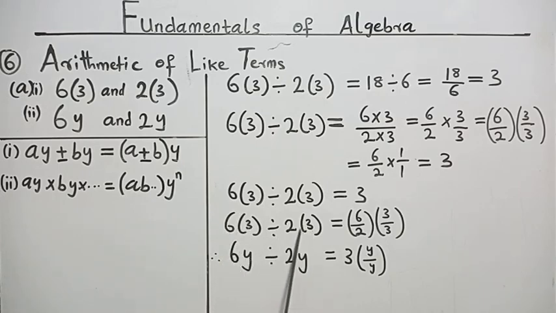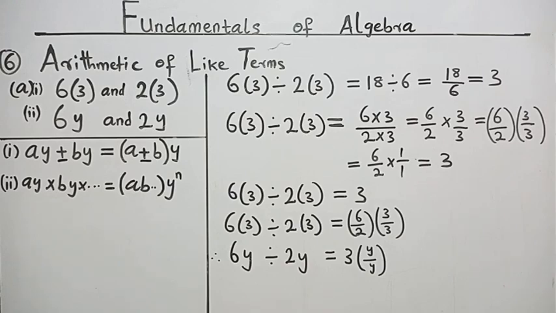The same thing is happening here. 2 is here, but this 3 is now replaced with this y. 6 over 2 is what gave us this 3. 3 over 3. Since each 3 is now y, we now have y over y. We can extend the answer to become 3, because when a number divides itself, as we saw earlier, the result is equal to 1. So 1 from here times 3 will still give us 3.